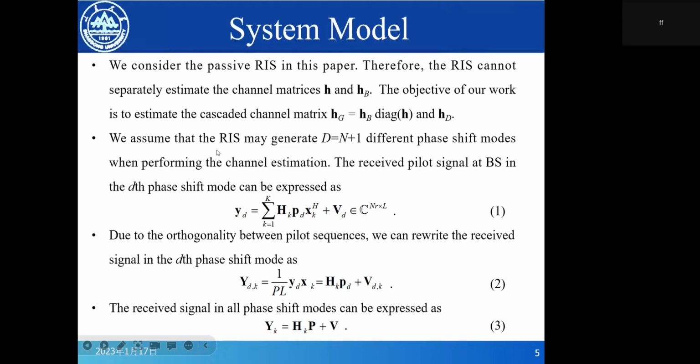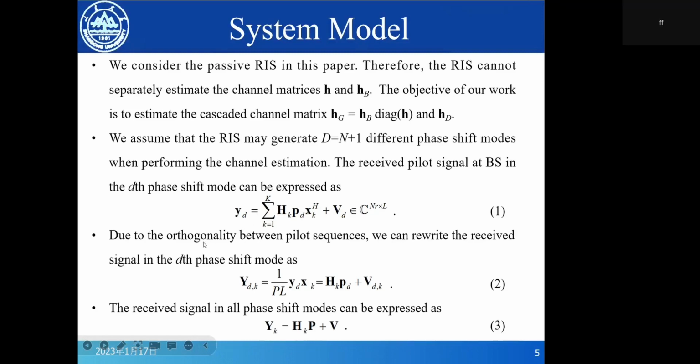We assume that the RIS may generate D equal N plus 1 different phase shift modes when performing the channel estimation. The received pilot signal at the base station in this phase shift mode can be expressed as equation 1 and the Y_D.